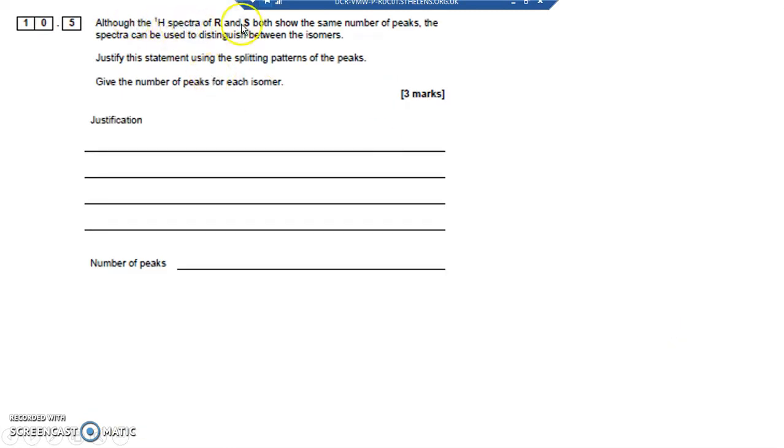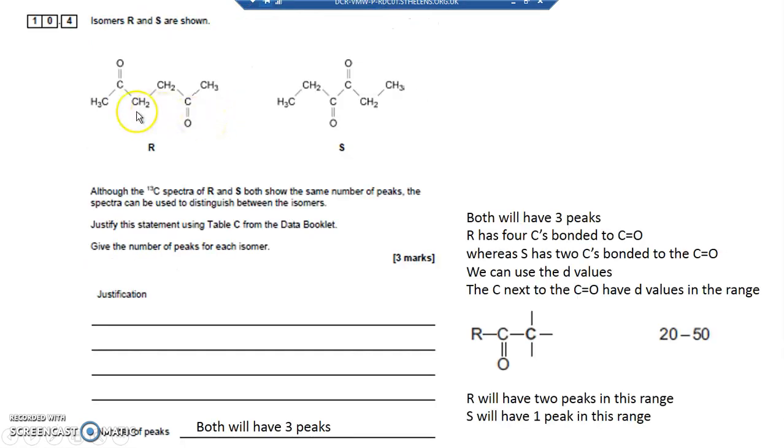The hydrogen spectra of R and S both show the same number of peaks, but again this can be used. So let's have a look. How many peaks will there be? How many hydrogen environments? 1, 2 for this one. So we've got CH3, 3 H's there and 3 H's there. That's one environment. CH2, CH2, these have a second environment. So this will have an integration value of 6. These will have an integration value of 4.